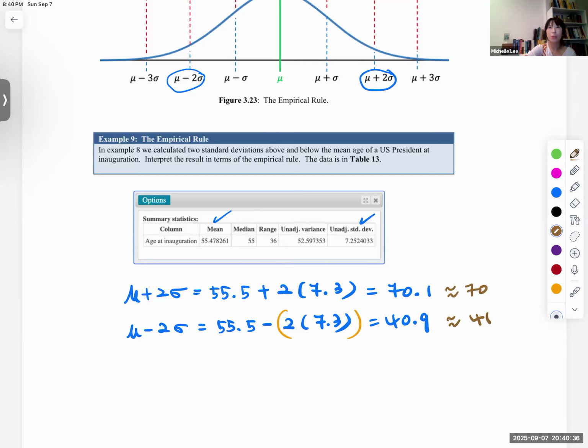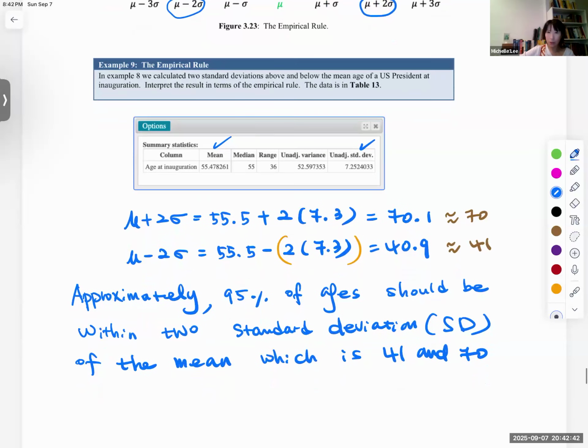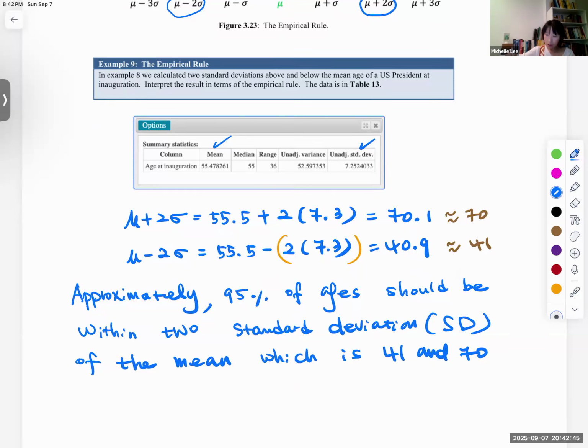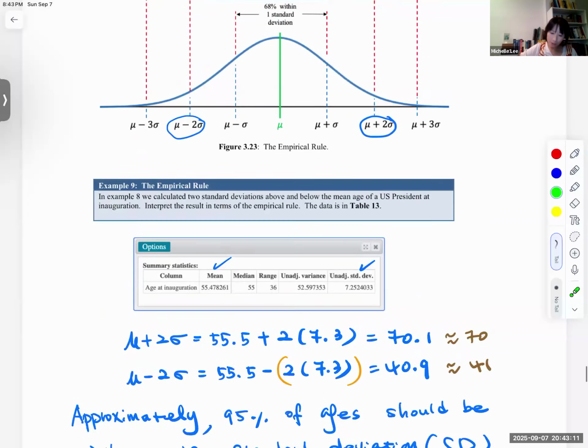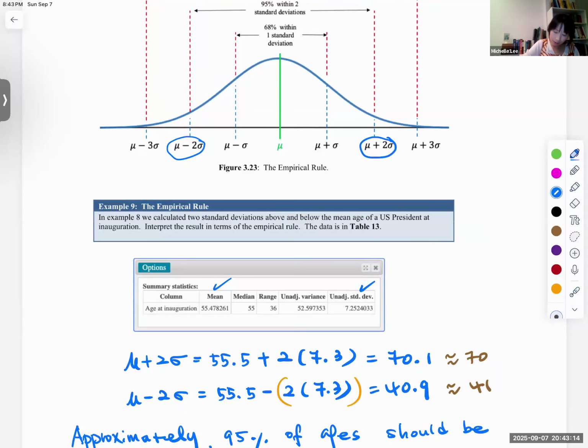Let me write it down. I wrote here: 95% of ages should be within 2 standard deviations of the mean, which is 41 and 70, right?